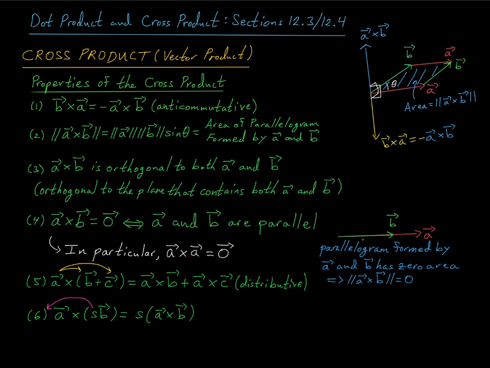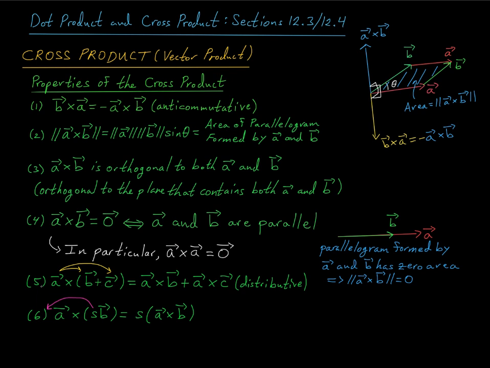Well, they actually don't form a parallelogram, because they lie along a common line. So the parallelogram in this case has 0 area, implying that the magnitude of the cross product vector is 0. And so we have our result. Now, in particular, any vector is parallel to itself. So if I take any vector A and I cross it with itself, I will get the 0 vector.